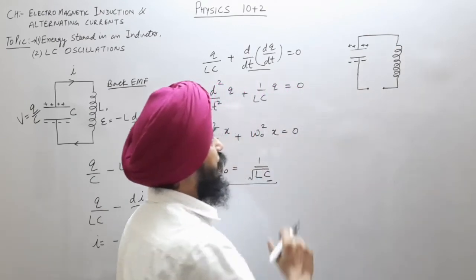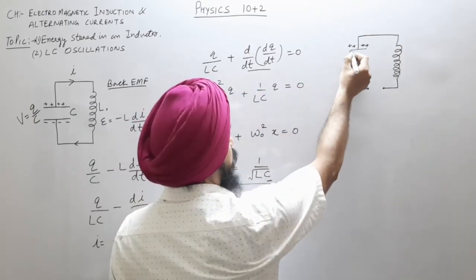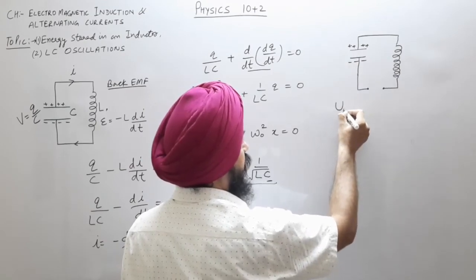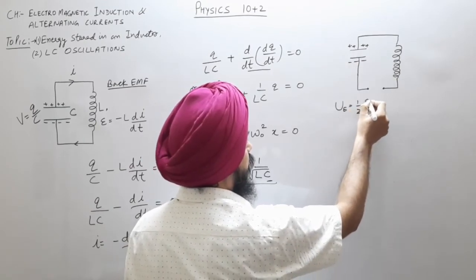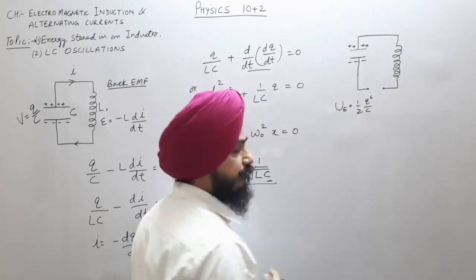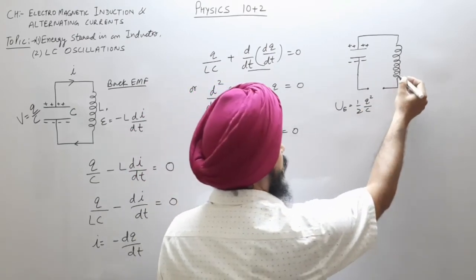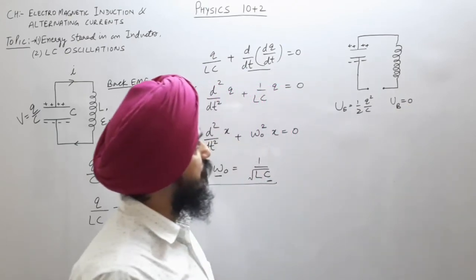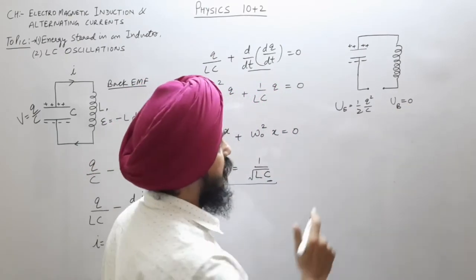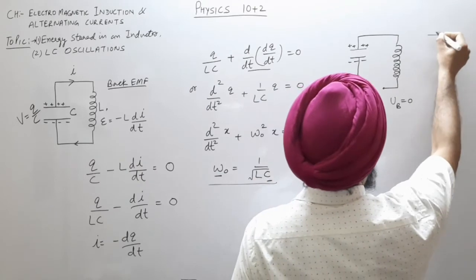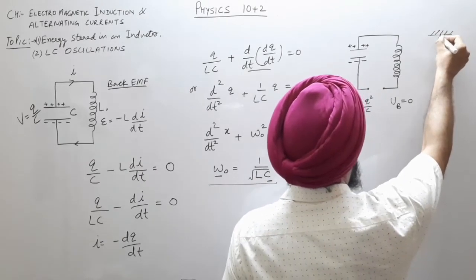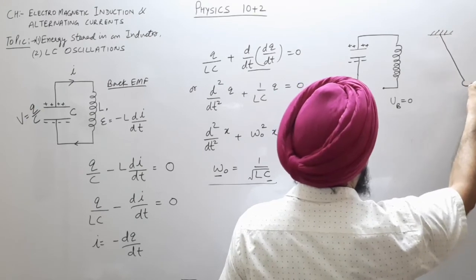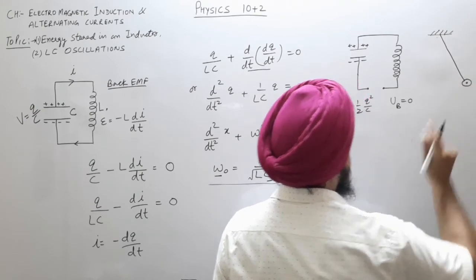If this is open, then the capacitor is fully charged, so it has an energy of half Q square upon C, but there is no magnetic energy, so UB is 0. So this is the case when, in a mechanical system, we have pulled the pendulum to its first extreme.